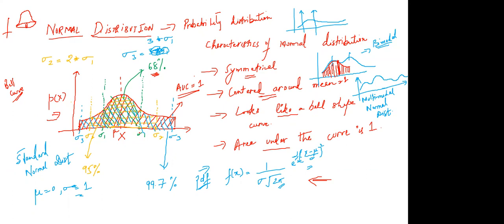That means if I have 100 people to appraise, उनमें से मैं 68% लोगों को between one standard deviation का appraisal rating दूंगा.